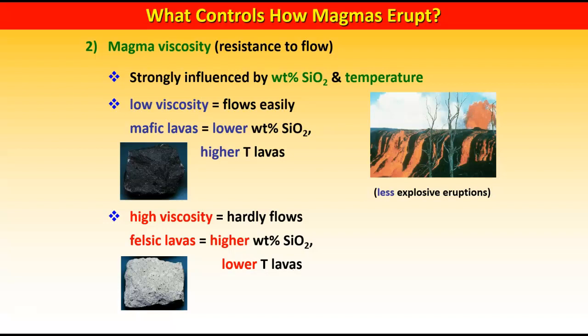And you might be saying, well, what about the intermediate ones? Well, like lots of things, the intermediate ones can do a little bit of everything. They can have some lower violent eruptions and they can have some higher violent eruptions. Usually they're somewhere in between. They have the capacity to be very violent, and there are certainly some examples in the geologic past. Mount St. Helens was pretty violent.